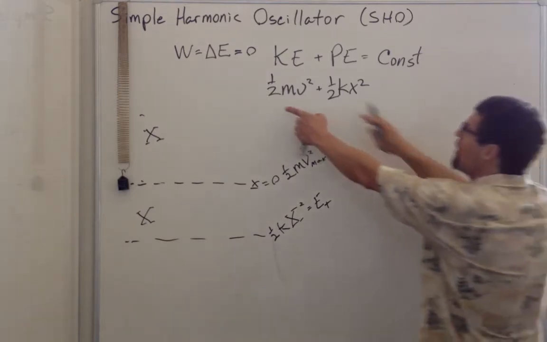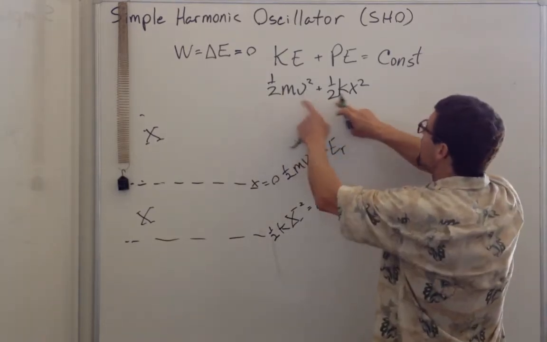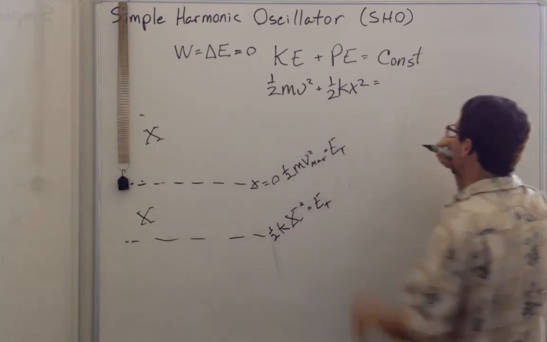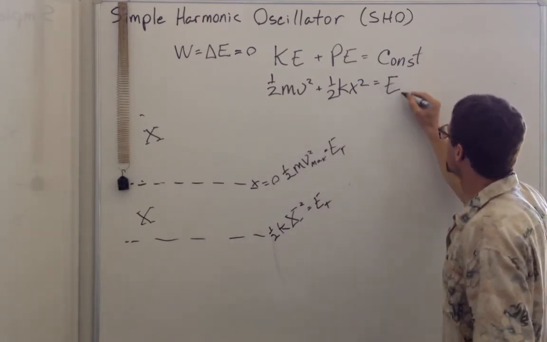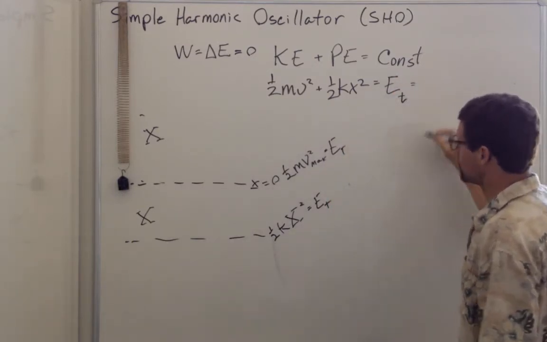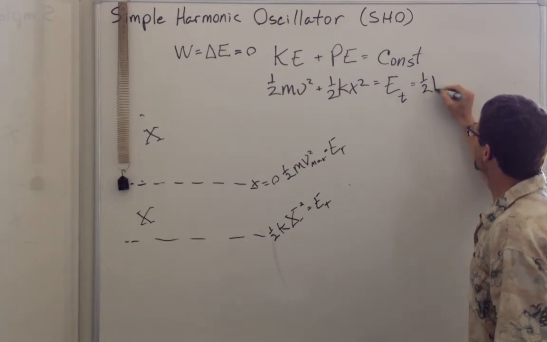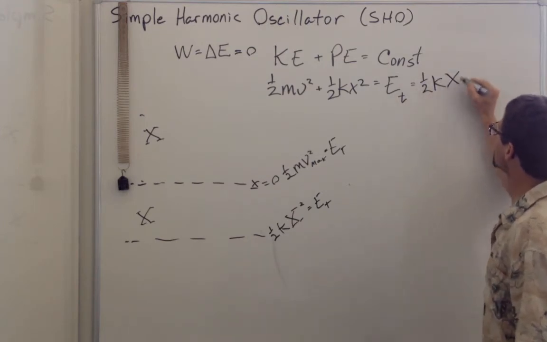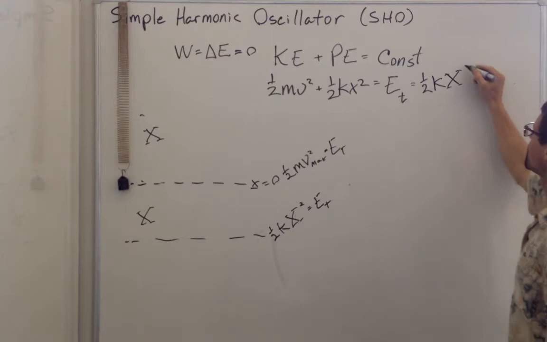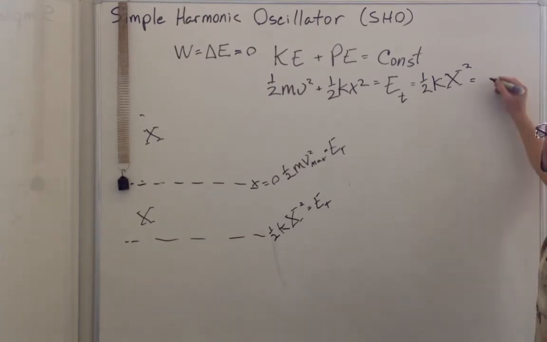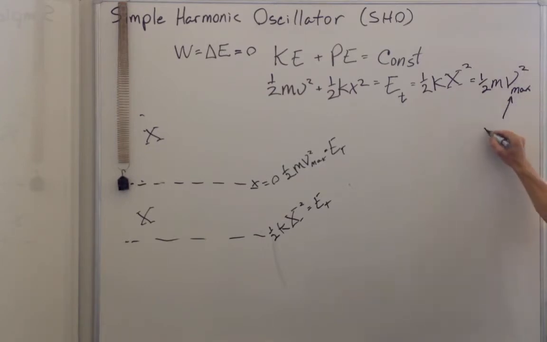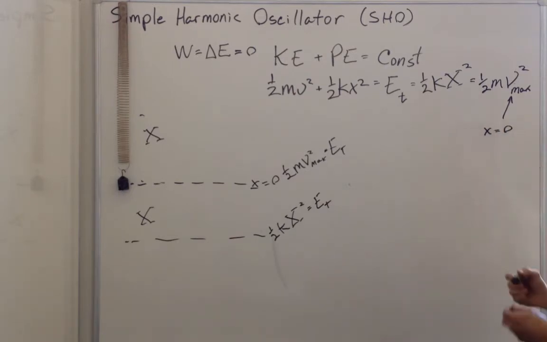And so the sum of the kinetic energy plus the potential energy is equal to the total energy, which is equal to 1/2 kx squared max, where x max is the amplitude, which is equal to the maximum kinetic energy, 1/2 mv max squared, at x equals 0.